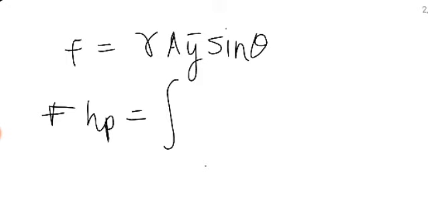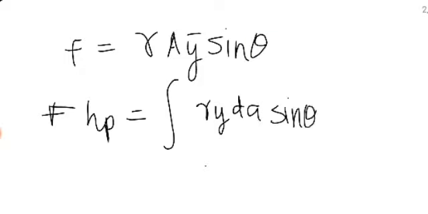For each element we have the force as gamma y small dA sine theta, because h is nothing but y sine theta. We are considering y as the inclined distance of the small element from the water surface, times the distance at which we have to take the moment again.